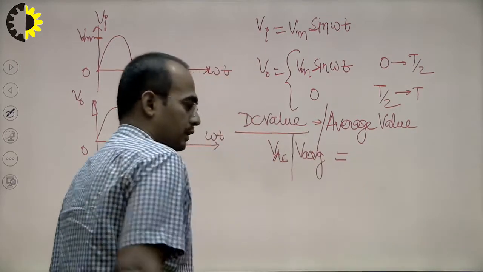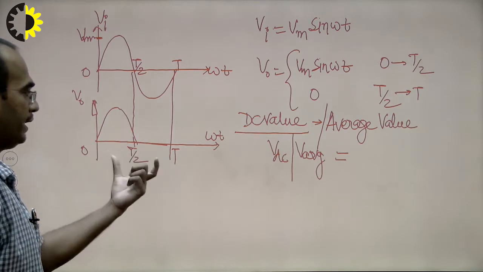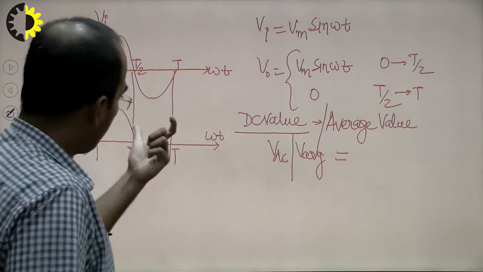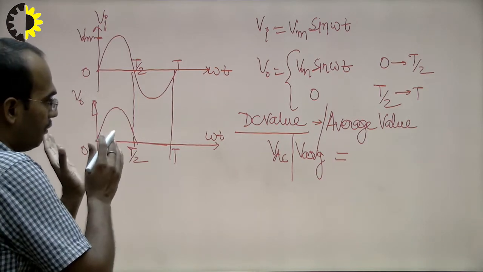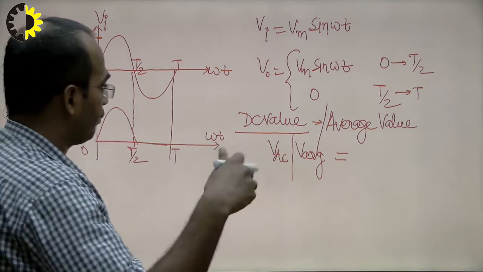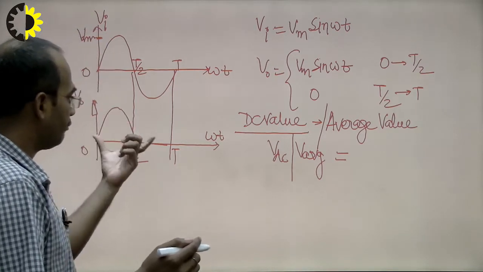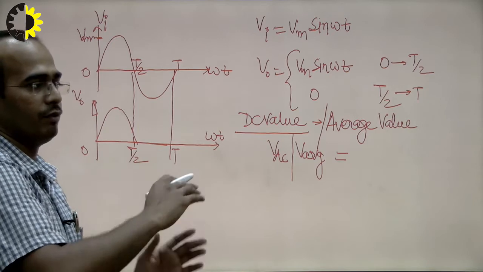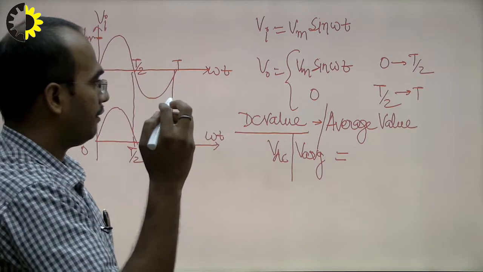It is nothing but the area under the curve divided by the base. I am interested only in one time period, as this waveform will be repeated after one time period. So I will find the DC value for one time period, and this will be the DC value of the output of the half wave rectifier.